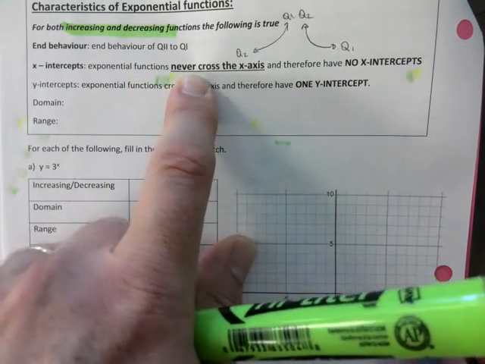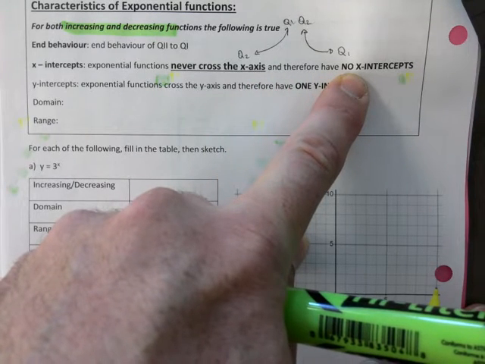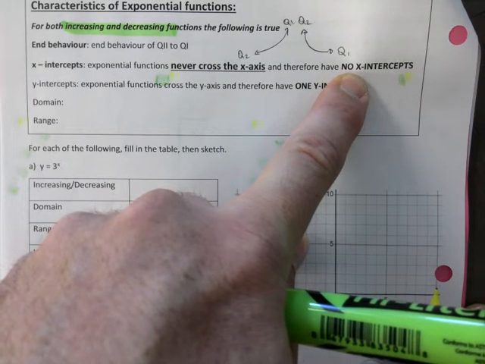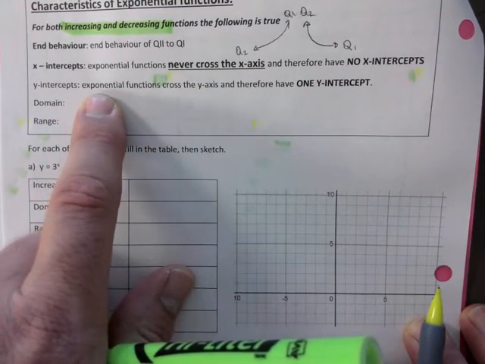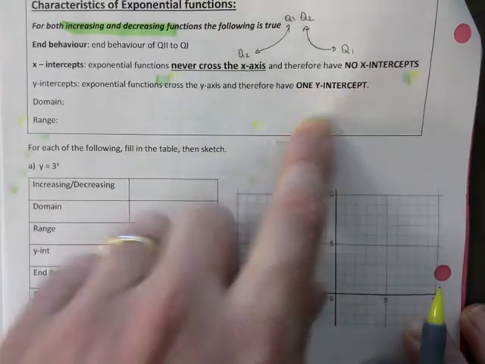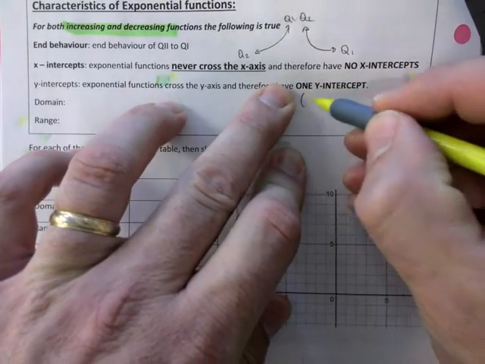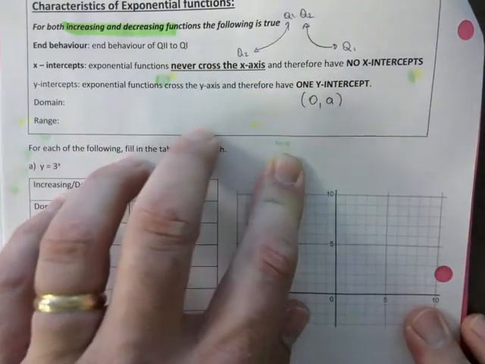Exponential functions never cross the x-axis and therefore have no x-intercept. It does have a y-intercept, it doesn't have an x-intercept. Y-intercepts, exponential functions cross the y-axis and therefore have one y-intercept, and it's always going to be 0a, right? 0a is going to give you that y-intercept.